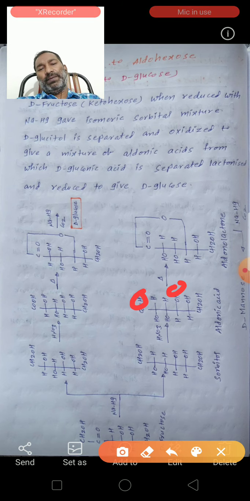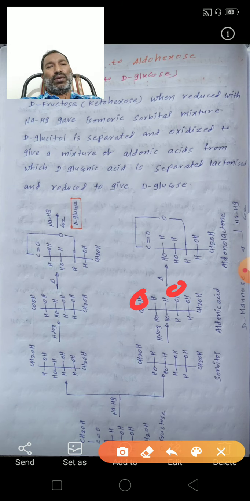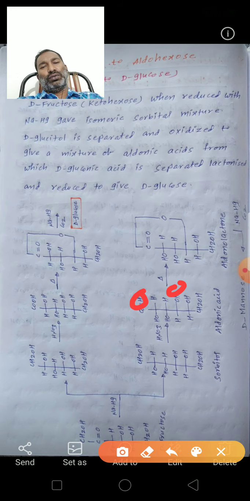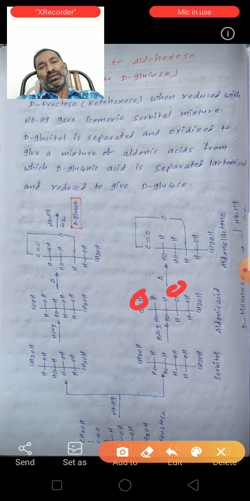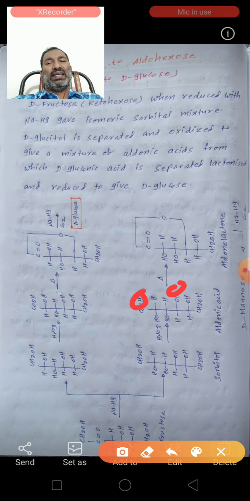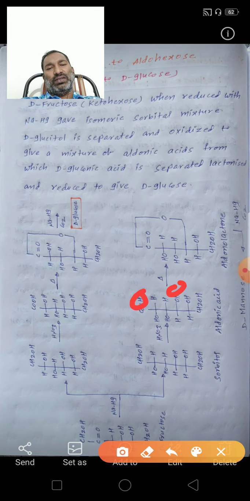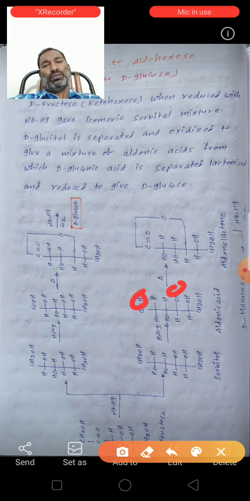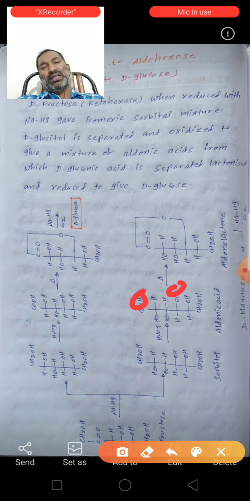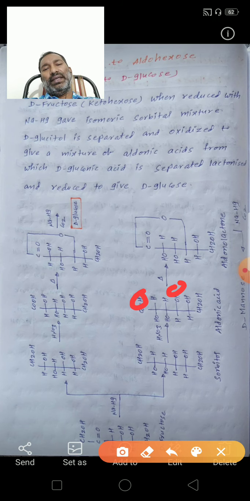It forms an aldolactone, or gamma lactone. The fourth carbon hydrogen and first carbon OH group are removed as a water molecule and cyclization takes place here. This aldolactone on reduction with sodium amalgam gives D-mannose.